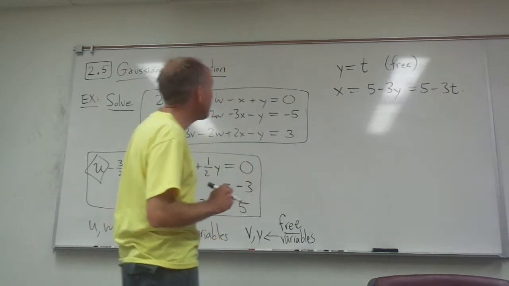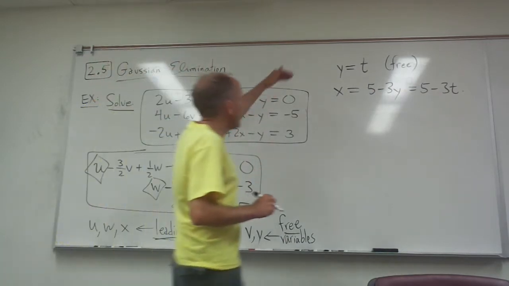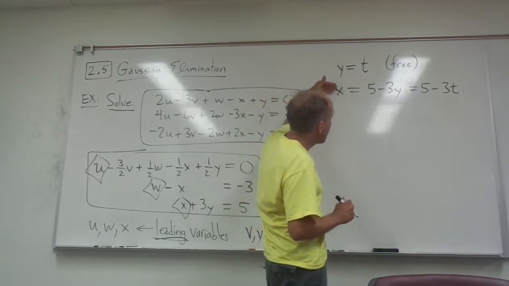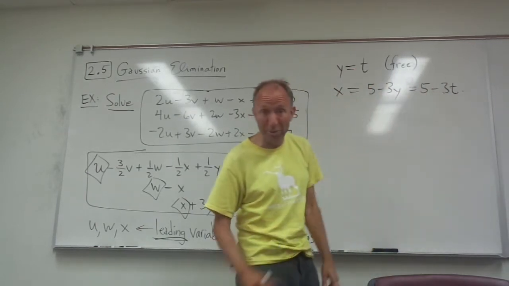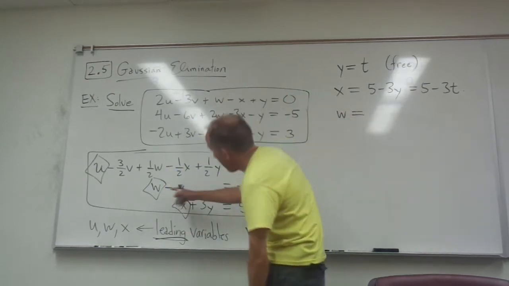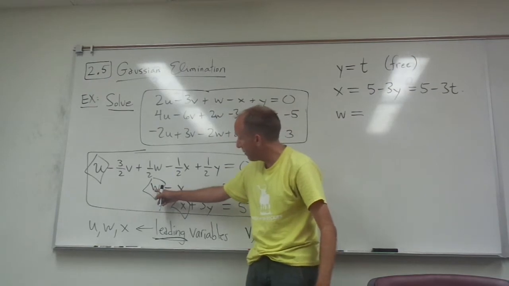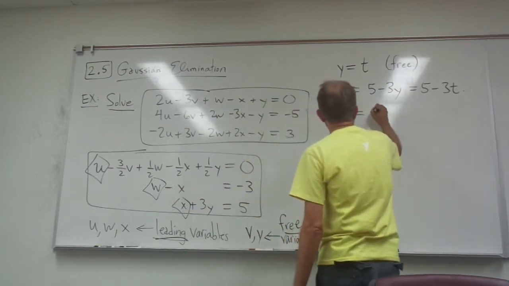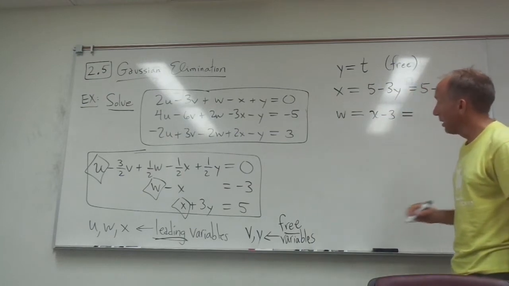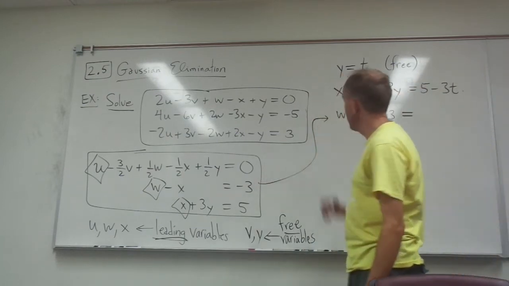Great, so we started off by establishing y as a free variable. We've now written x in terms of that same free variable. I can do the same thing with w. If I come now to the second equation in my list here, if I solve for w, w is just x minus 3. The middle equation just tells me that w is just x minus 3.